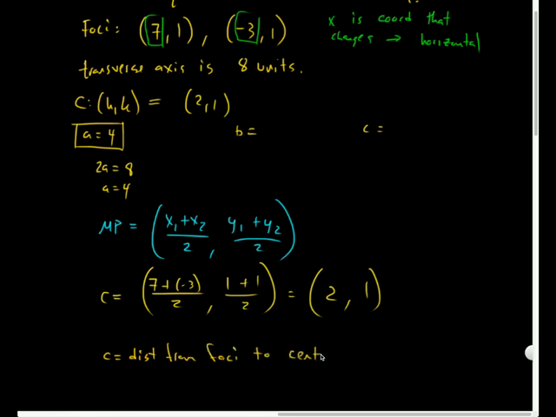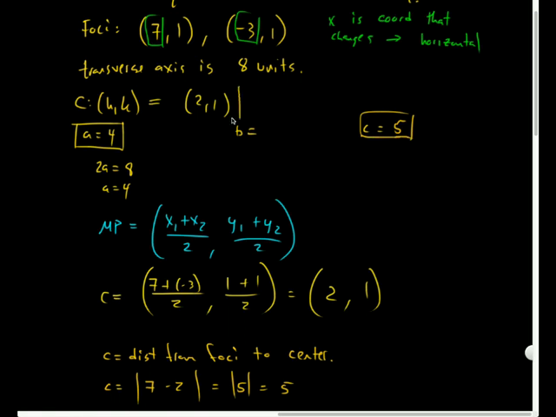Since these are along the same axis, I could do the proper distance formula, but I'm not even going to bother. I'm just going to take the absolute value of the difference between their changing coordinates. So 7 minus 2 is 5, and if I subtracted in the other direction, that's why I wrote the absolute value there. So c is 5.